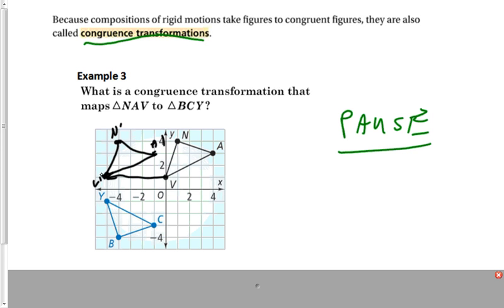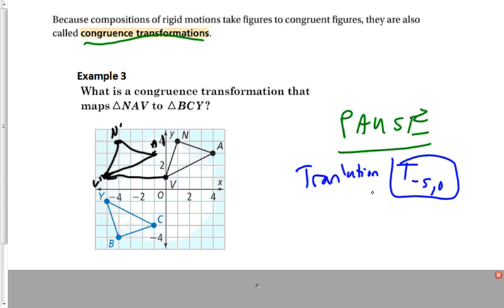There's my triangle. Now remember, N maps up with B, A maps up with C, and V and Y are supposed to match. So now that they are kind of reflected across each other, that was a translation. I'm going to actually say it's translation -5 and 0.